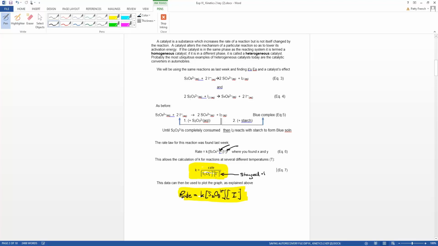You always had the same concentration of persulfate and the same concentration of iodide. So that was kind of nice because you could multiply it out once and then just use it the rest of the day. Makes one less calculation. Okay, so this is going to be a constant.